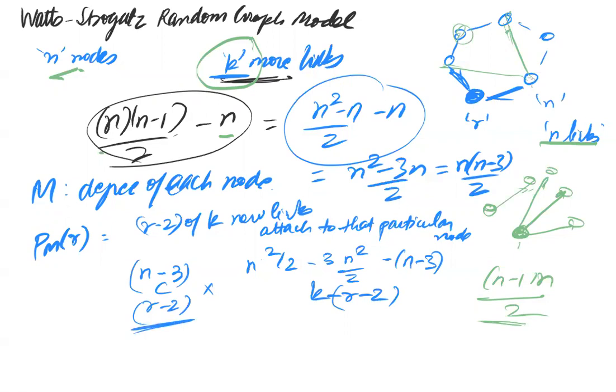So this is choosing the r minus 2 links for this particular node, and these are for the other nodes that are existing out there, divided by the number of ways you can choose all of them. So that is going to be n minus 3 by 2, choose k new links. Okay. So this is the number of pairs you choose. So this is the probability distribution for the random graph model. And that is it for the conceptual parts of this discussion section.